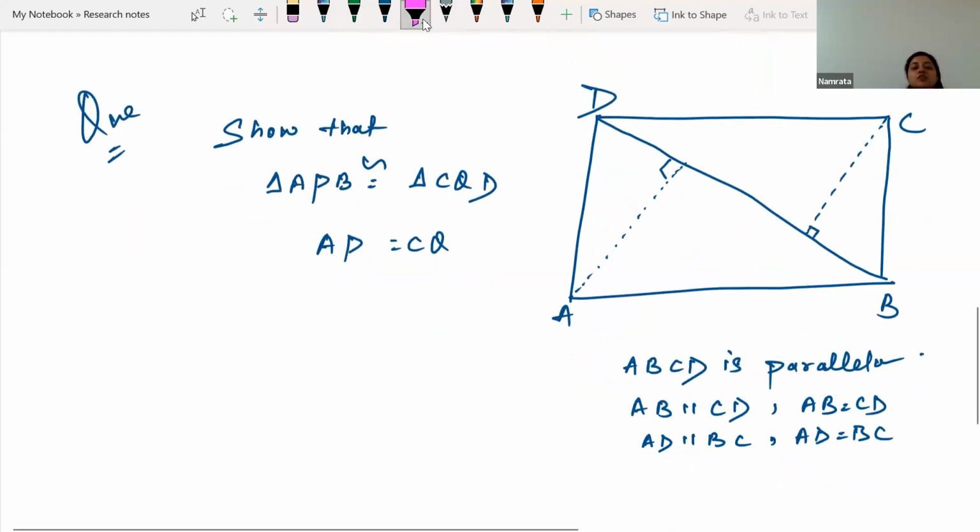So we are talking about which two triangles: APB. Where is P? Let me mark P properly first.